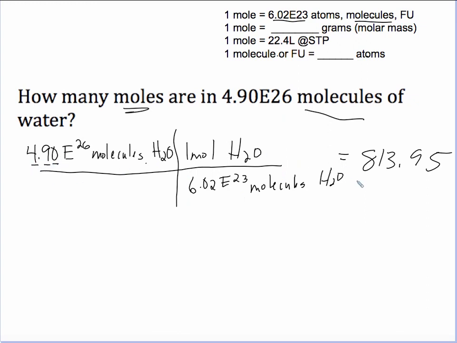Okay, but we want to count our significant digits, 1, 2, 3. So we need to have 3 here. Okay, so we're going to write 8, 1, 3. But before we write the 3, does that 9 make the 3 go up? Yes, so instead of a 3, it should be a 4. And that's going to be moles water.